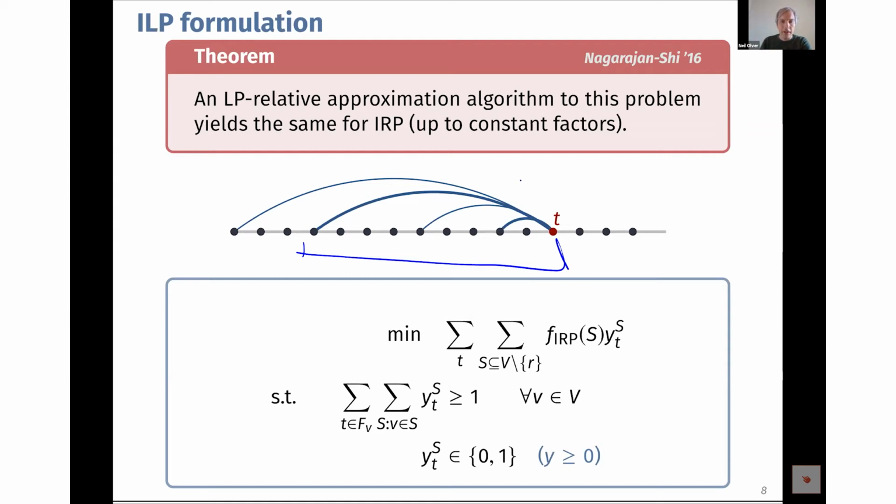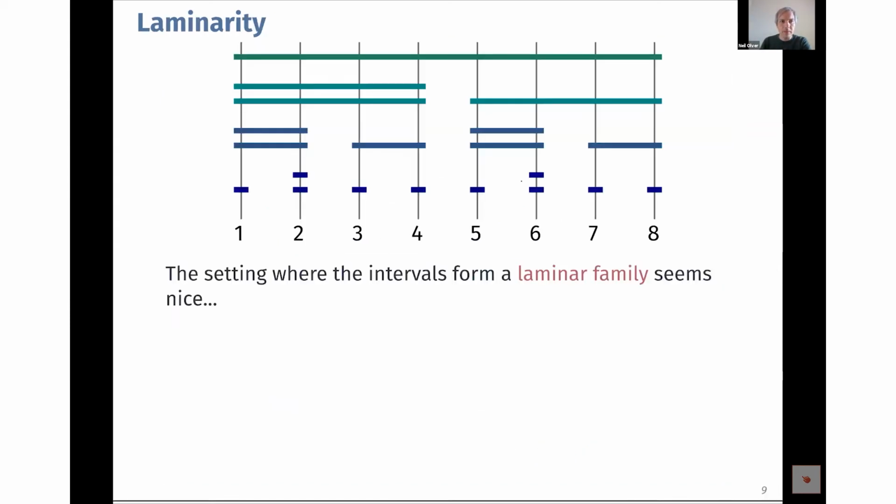So we only have to think about this interval problem. One thing one might consider is that if there's some nice structure on these intervals, maybe things are easier. In particular, it's nice to think about a laminar structure on these intervals.